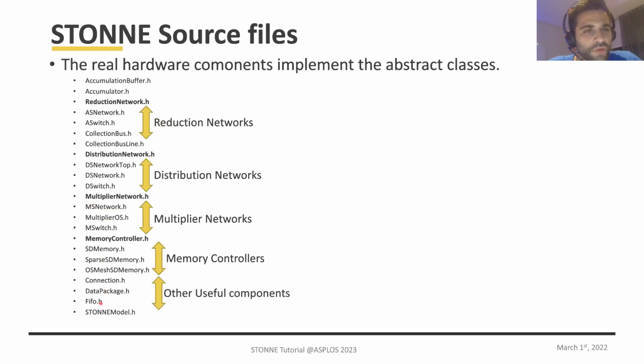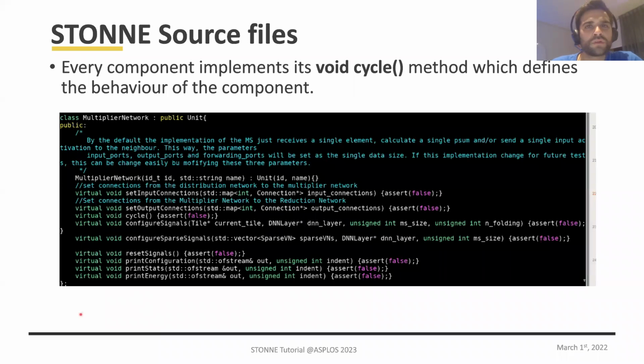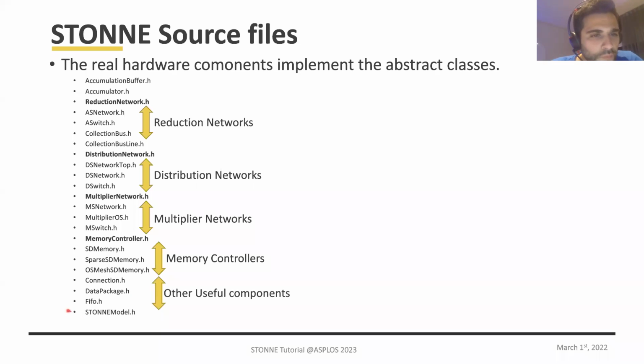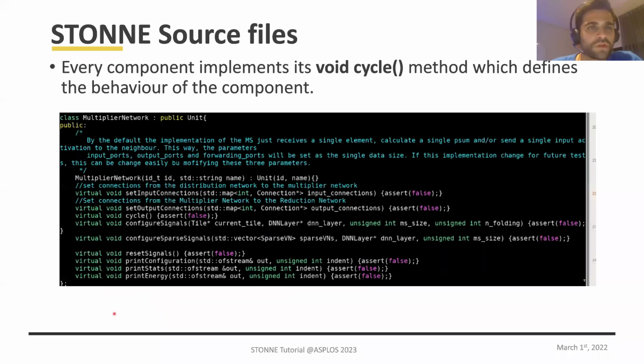We have different memory controllers: one is dense, another one is sparse, another one is for the TPU or SMS, ST memory, and also other useful components like the data packages, which is the class used to create packets which flow through the simulator, FIFOs or wires, which is connection.h, and also the STONNE model.h, which drives the simulator.